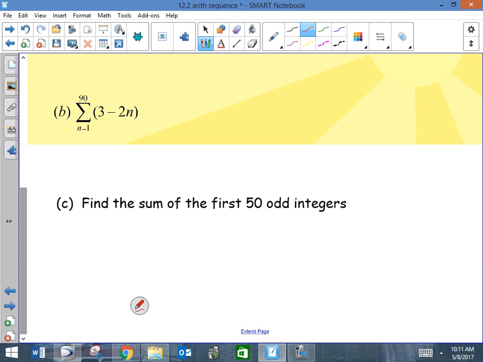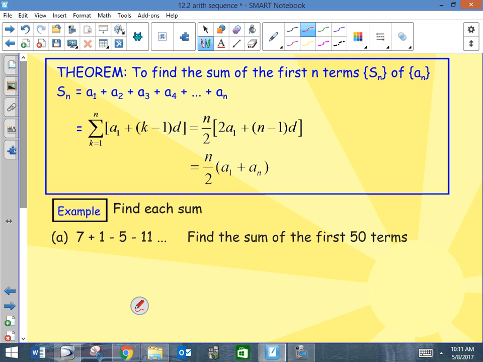They don't really expect you to add in your calculator 1 plus 3 plus 5 plus 7 plus 9 plus, and then wait, how am I going to know when I'm done? And I got to count 1, 3, 5, 7, 9, 11, 13. Okay, you'd be like, I can't.